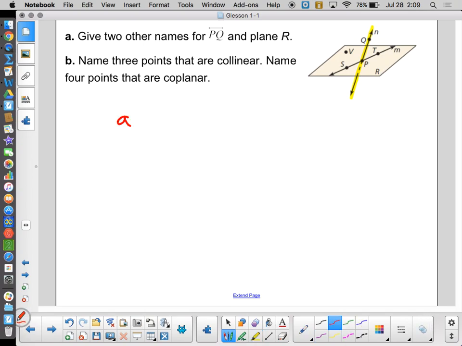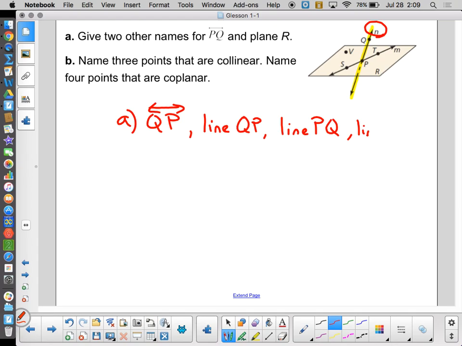Well, I know that with a line, the order of the points doesn't matter, so I could call that line QP, and I have to use my line symbol. Now, the little n up here by the arrow is also another way I could name that line. I could call it line n.